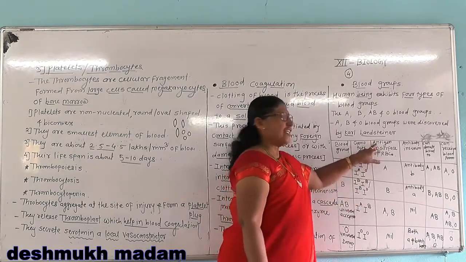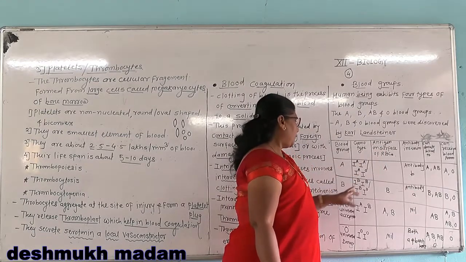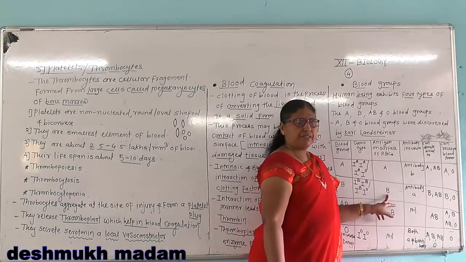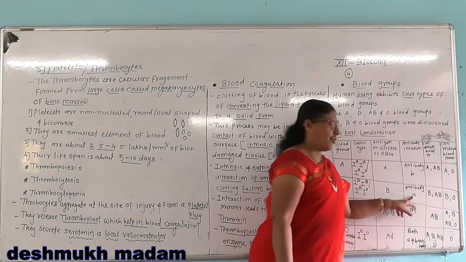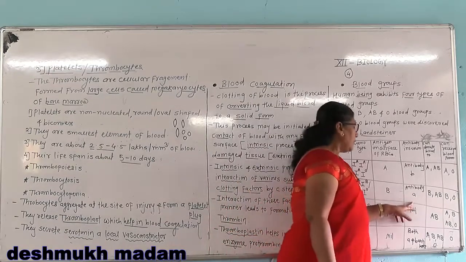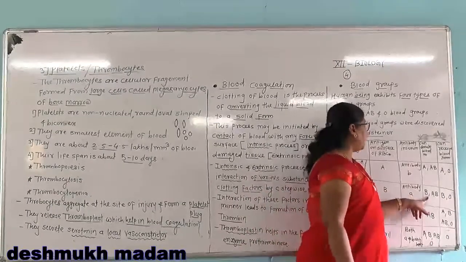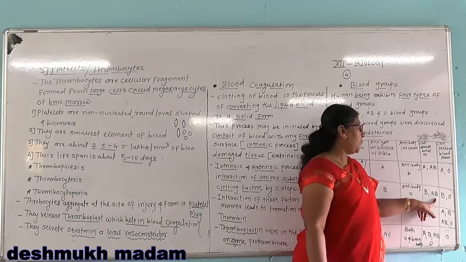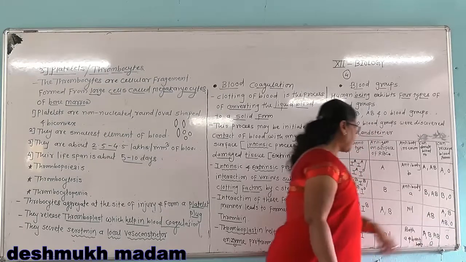The antigen on the surface of RBCs of blood group B is antigen B. The antibody present is antibody A. Blood group B can donate blood to B and AB blood groups, and can receive blood from B and O blood groups.